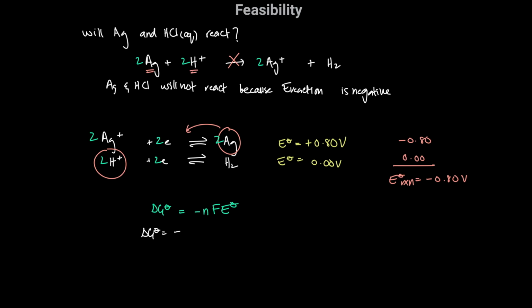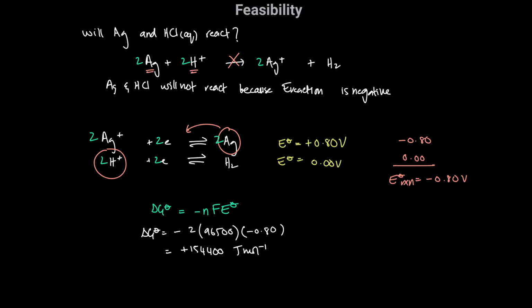We know that it didn't take place, it was infeasible. But we can say that delta G is equal to minus 2, the number of moles of electrons being exchanged, times Faraday's constant, 96,500, times the E naught of negative 0.80 volts. This comes out to positive 154,400 joules per mole.